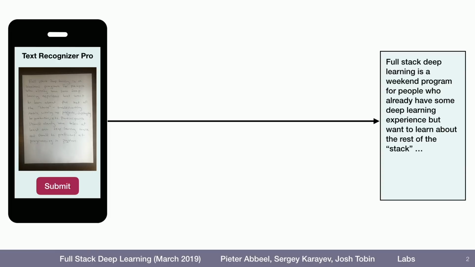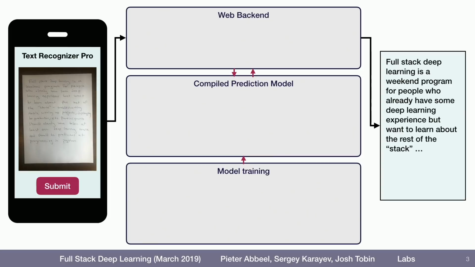The first thing I want to do is talk through an abstract system diagram of how our approach is going to work. There are three modules that interact with each other. The first is a web backend that takes input from the app and sends output back to the app for the user. That sends and receives information from a compiled prediction model, which is your machine learning model that's going to be deployed.